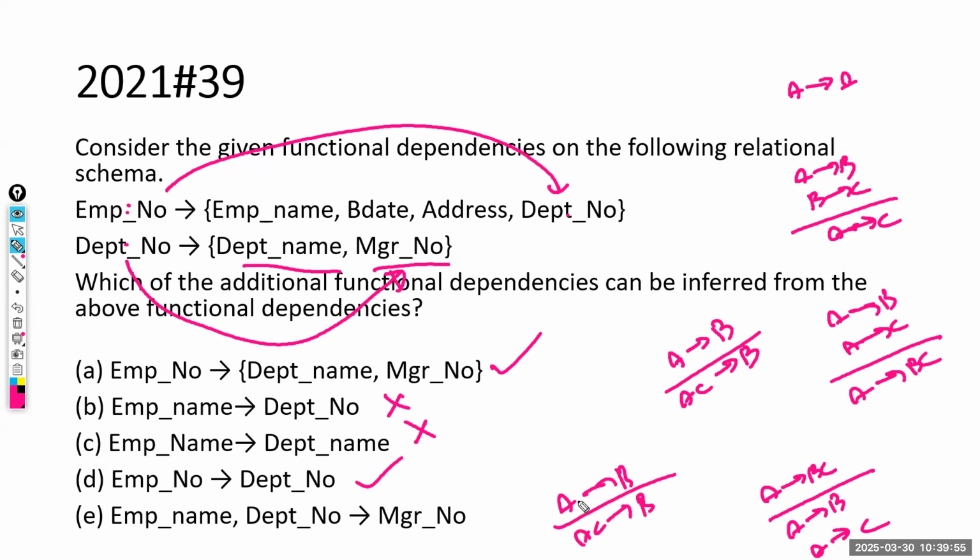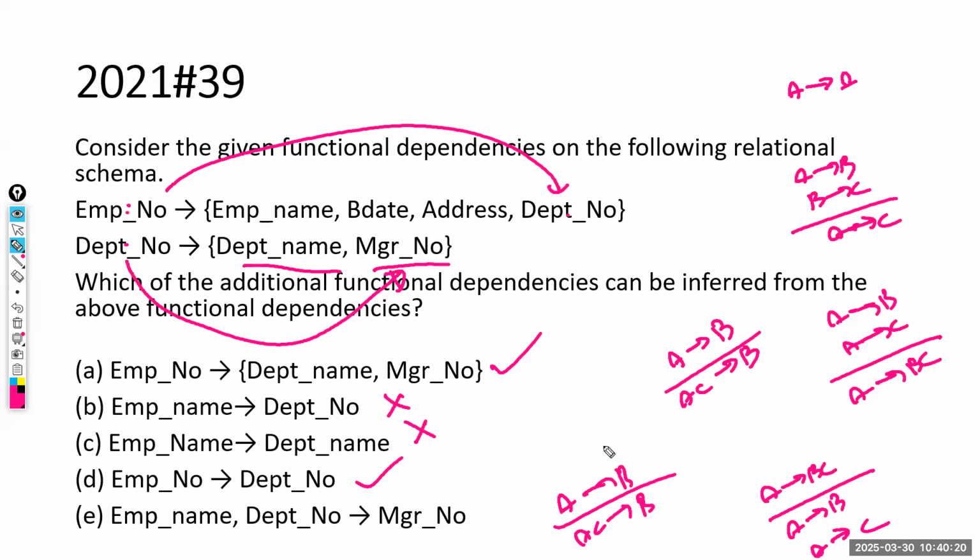So just because employee name and department number determine manager number, it doesn't mean department number alone determines manager number. Because there can be another employee in the same department with the same name, but then that guy is in a different, sorry. But anyway, department number is there, right?